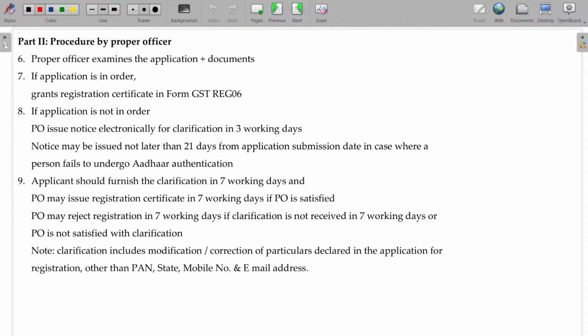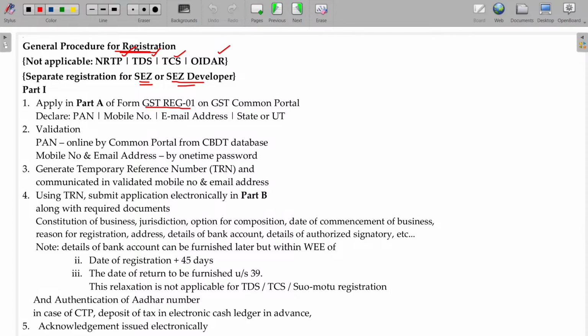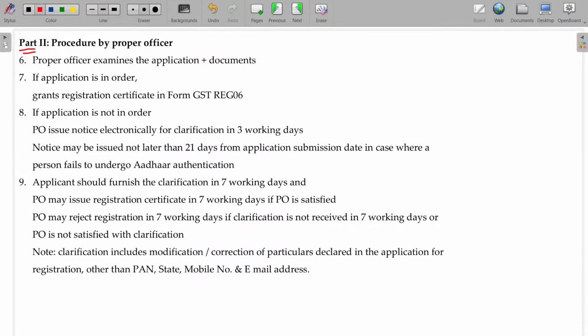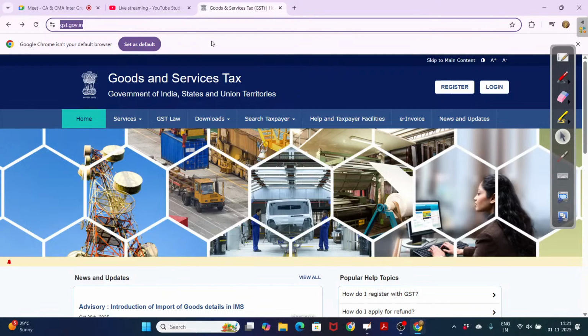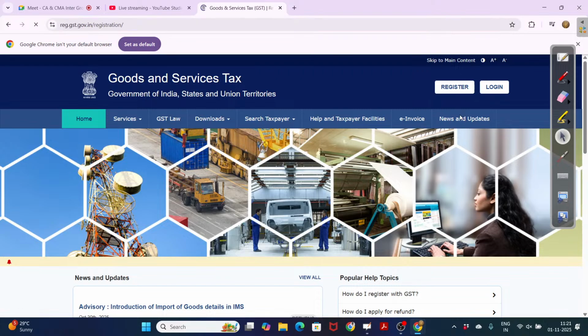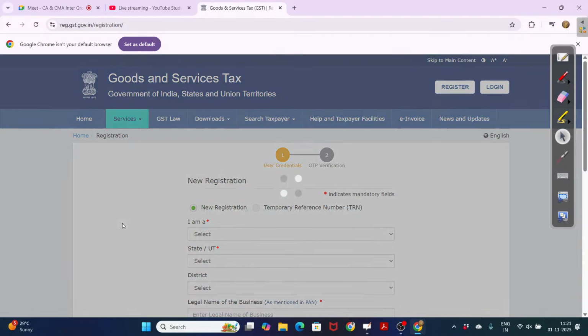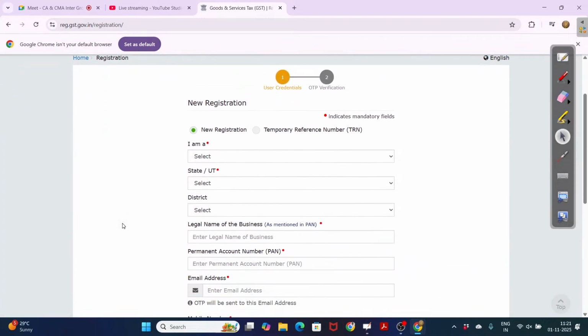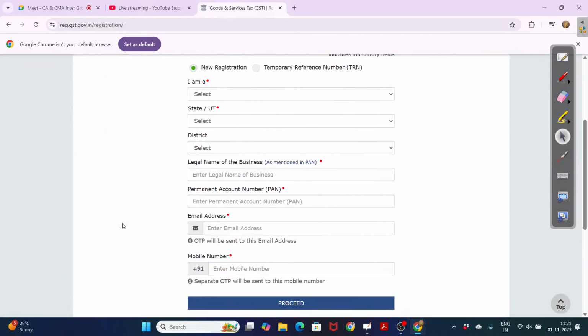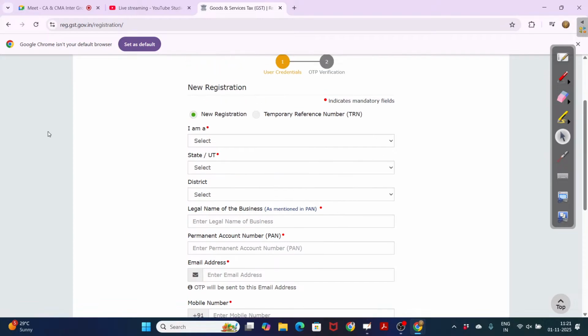While filling the REG 1 form, you have to fill in two parts, part 1 and part 2. Go to the GST website. Here you register directly. You have this one, new registration. This is the format: new registration and temporary reference number.